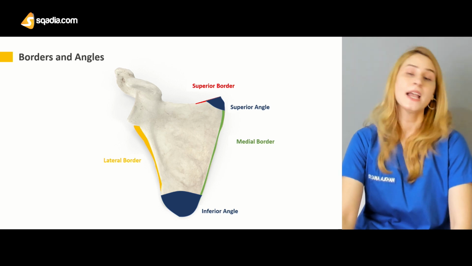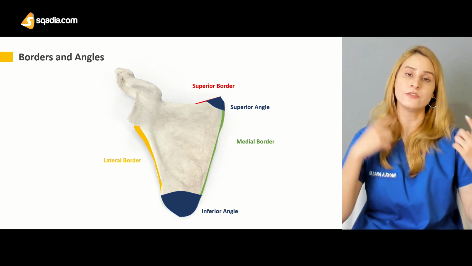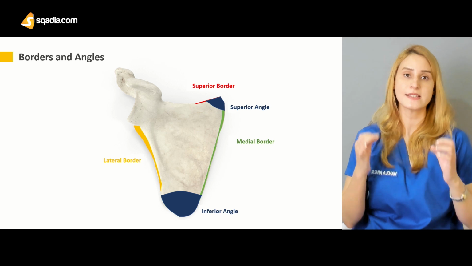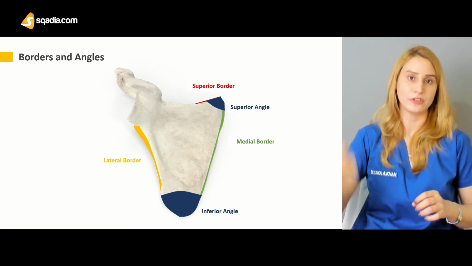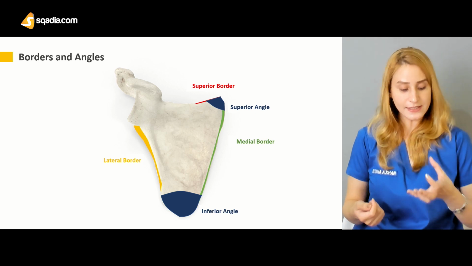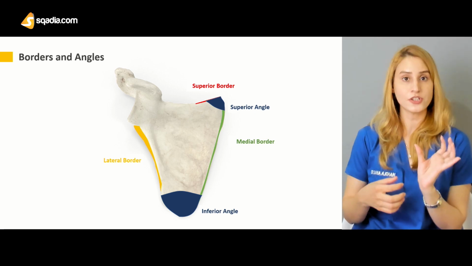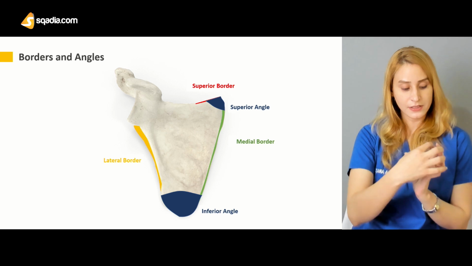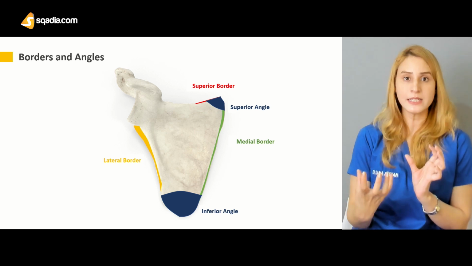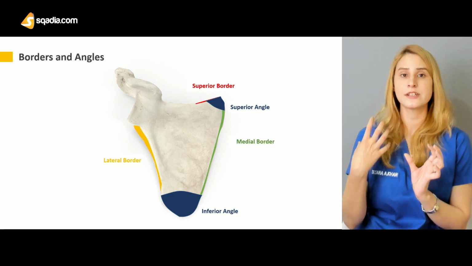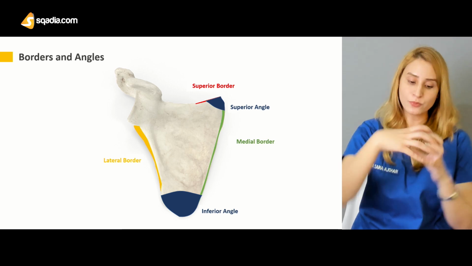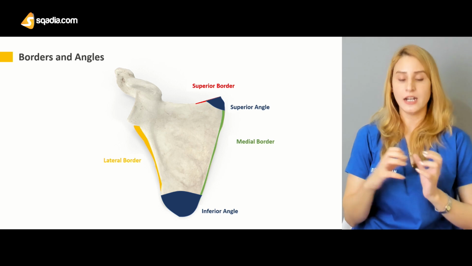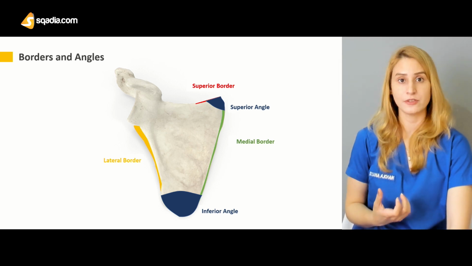This notch is converted into a suprascapular foramen by the help of the transverse suprascapular ligament. So see, this is a notch, and then there is a ligament, the transverse suprascapular ligament. It attaches like this, converting this into a foramen for the passage of the suprascapular nerve.